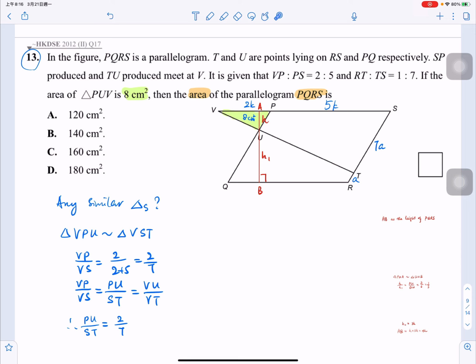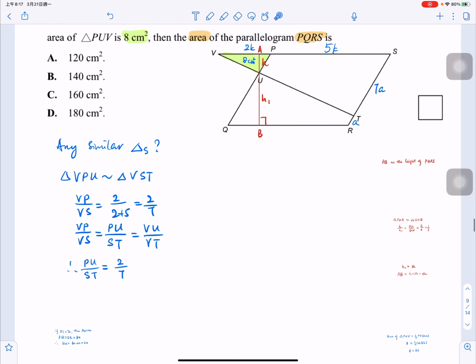Remember here we have the lengths PU and ST. Find the corresponding lengths and they have the same ratio. VP to VS, PU to ST, VU to VT, all of them have the same ratio 2 to 7. So PU to ST also has this ratio 2 to 7.